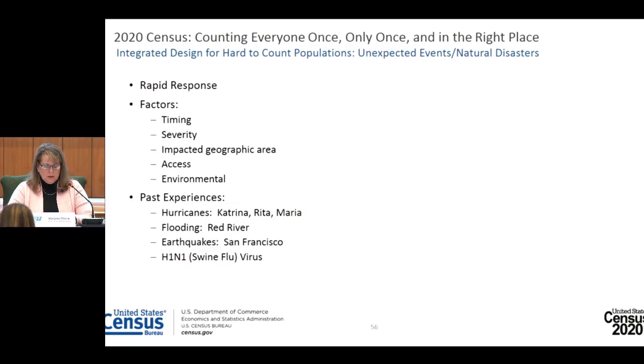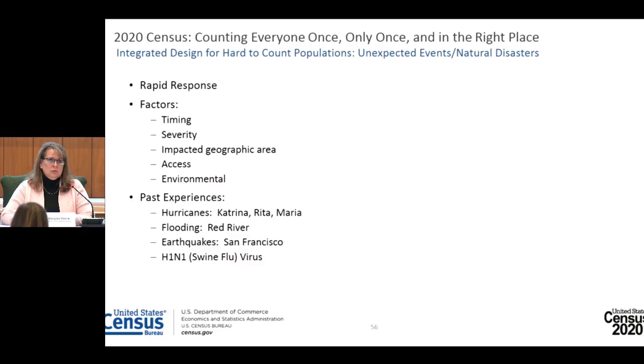Past experiences impacting our decennial census enumeration have included Hurricanes Katrina and Rita that devastated the Gulf Coast area prior to the 2020 census and necessitated a change in the planned enumeration methodology. We also experienced flooding along the Red River during the 2010 address canvassing operation that resulted in a plan to change the enumeration method. However, ultimately, the floodwaters receded and we were able to complete address canvassing as planned.